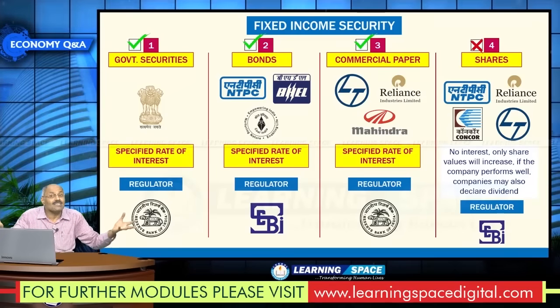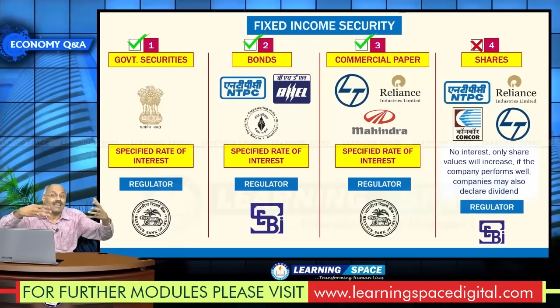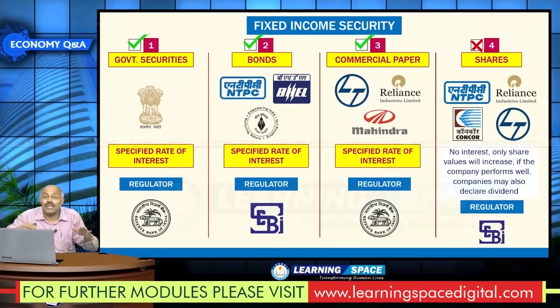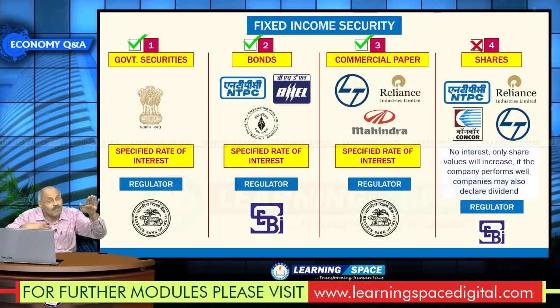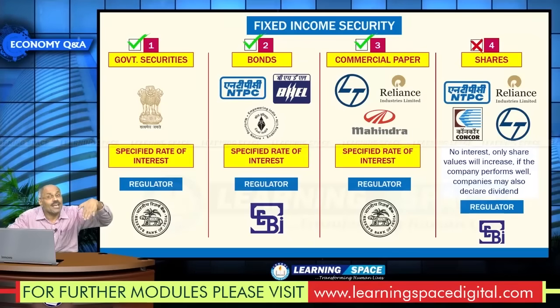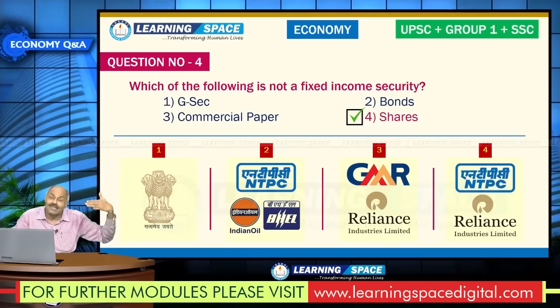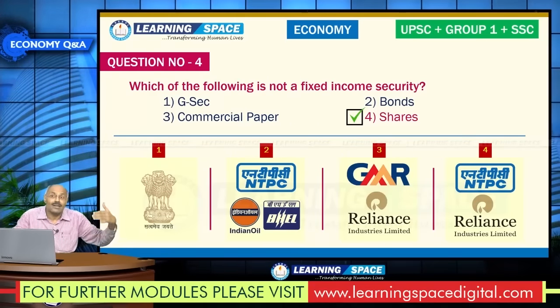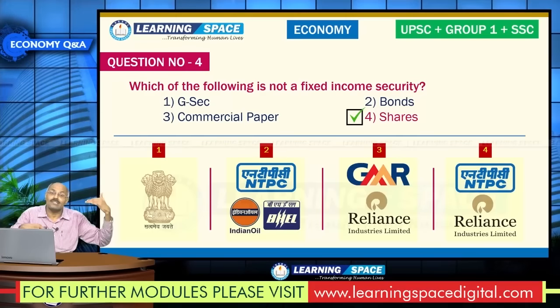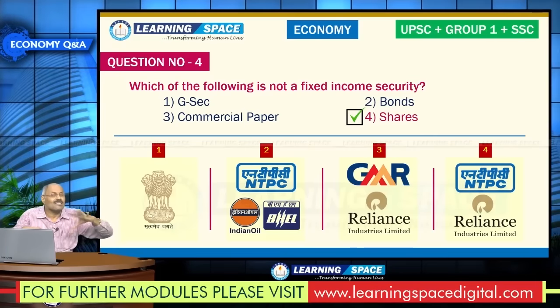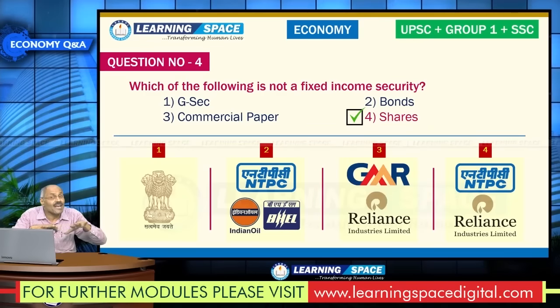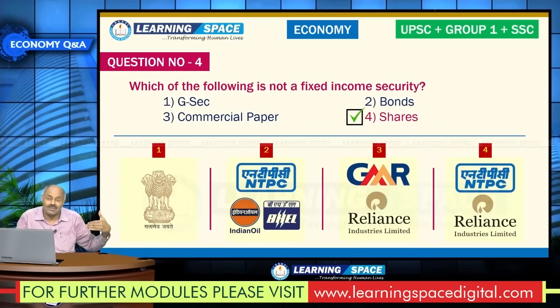If the company is in profits, they will declare dividend, and if the company is performing well, then share price will increase. If the company is performing badly, then share price will decrease. So, if someone talks about fixed income securities, they are government securities, bonds, debentures, commercial papers. These are all examples of fixed income securities, but shares are not fixed income securities.